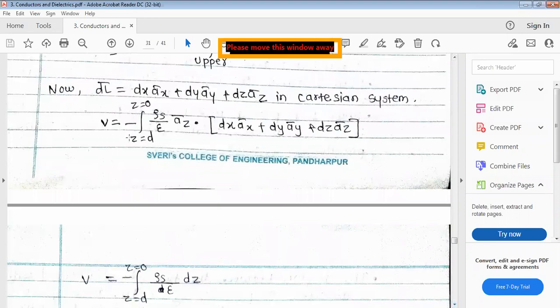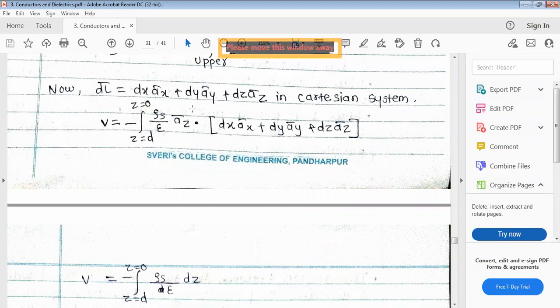So this is equal to minus integration from Z is equal to D to Z is equal to 0, from upper to lower, of this E, this equation.